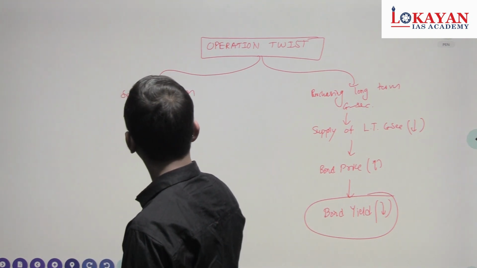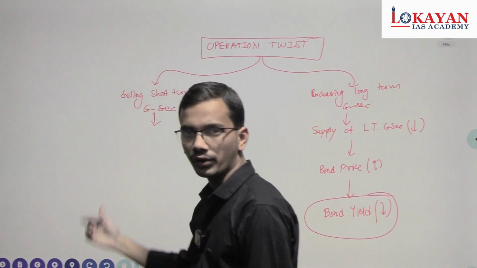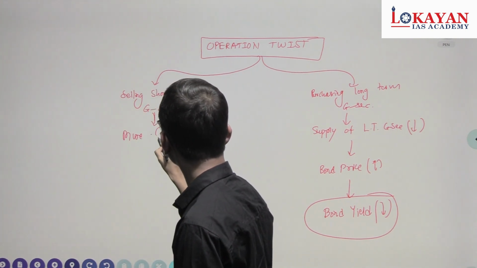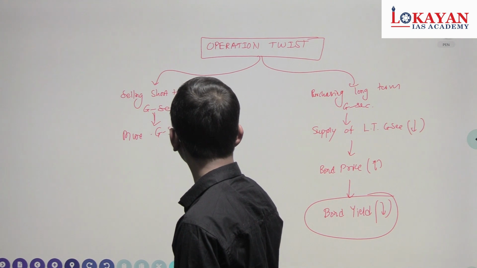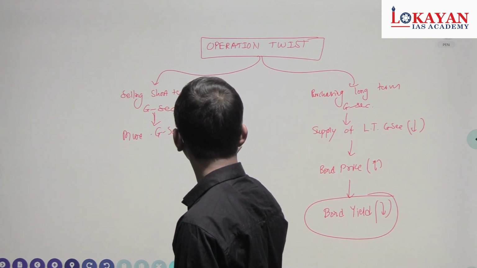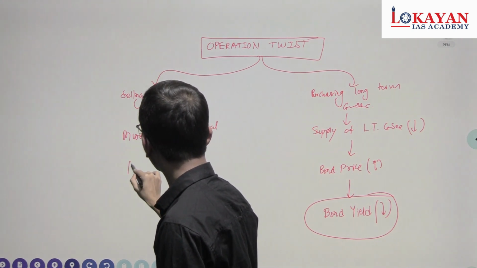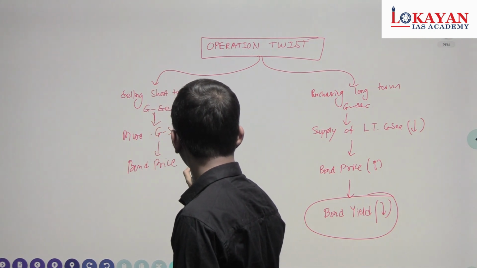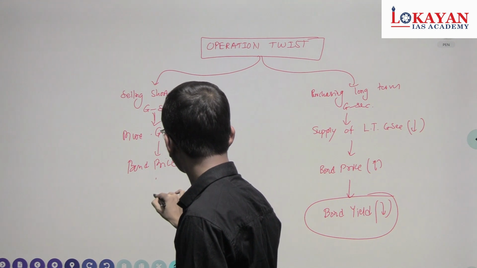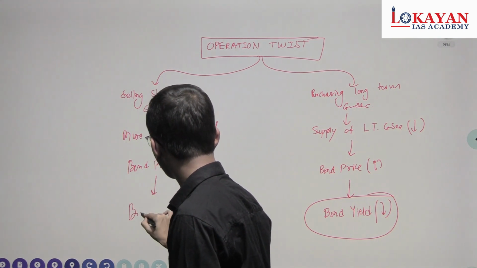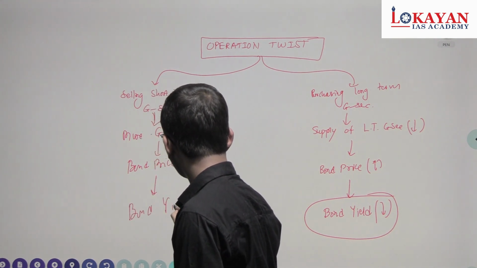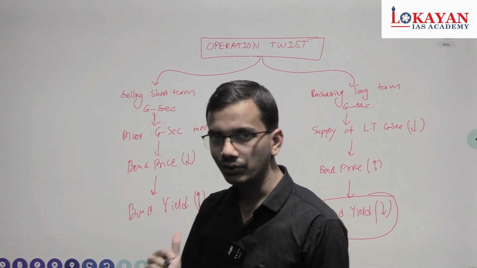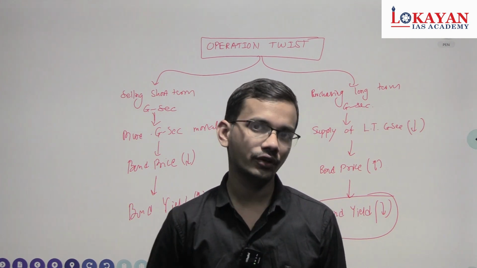Selling short-term government securities. What will happen? More short-term government securities in the market. So bond price will reduce, resulting in an increase in bond yield. See why reducing yield on long-term government securities is important?